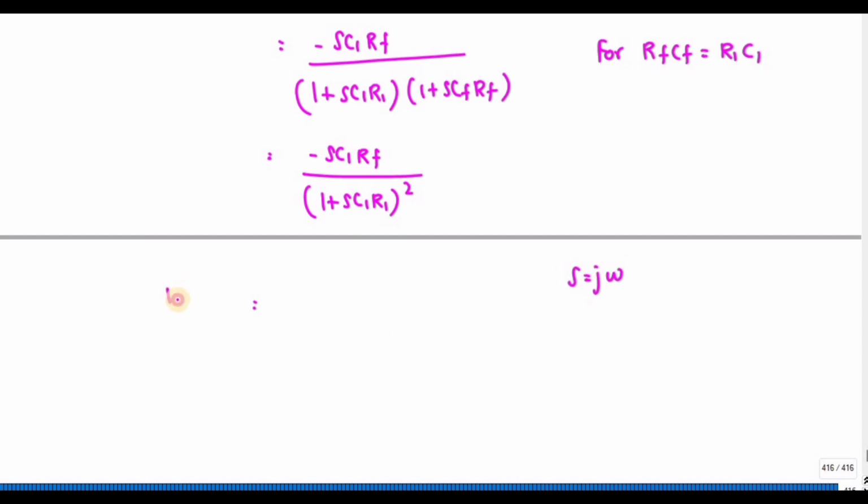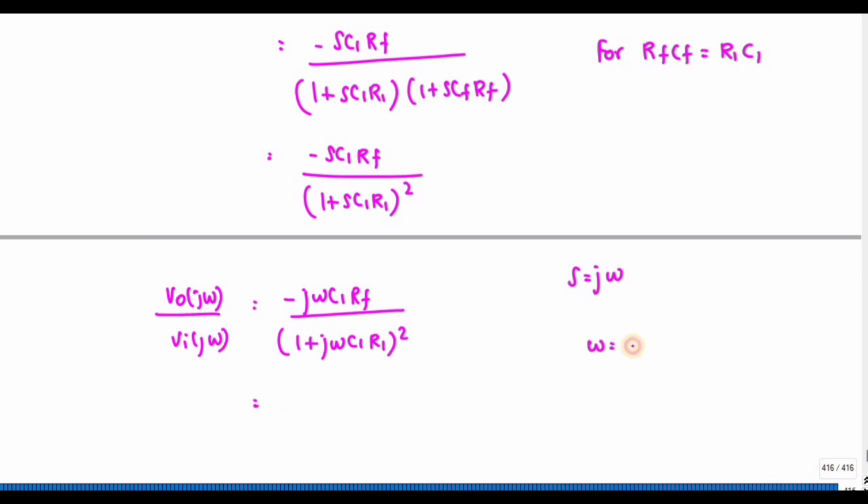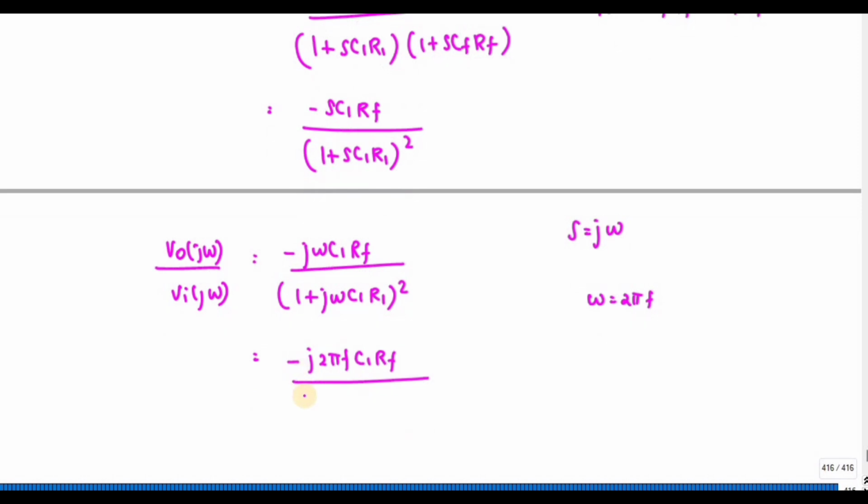So V0 of J omega divided by Vi of J omega is equal to minus J omega C1 RF divided by 1 plus J omega C1 R1 the whole square. Omega is equal to 2 pi F. So if I substitute, I will get minus J 2 pi F C1 RF divided by 1 plus J 2 pi F C1 R1 the whole square.